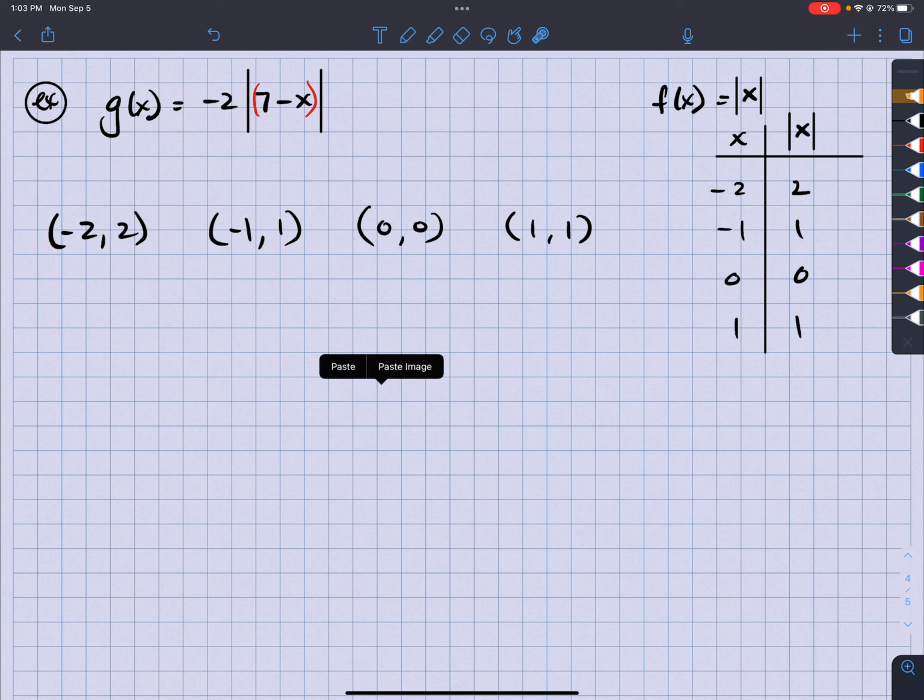Well, yes and no, because subtracting x in this case is actually multiplying x by -1. So you might want to rewrite this g of x as -2 times the absolute value of -x plus 7. You might want to do that so you can see better what's actually happening inside these parentheses.